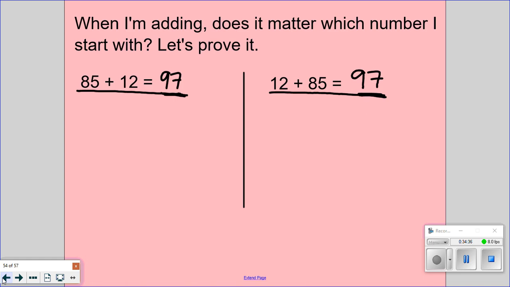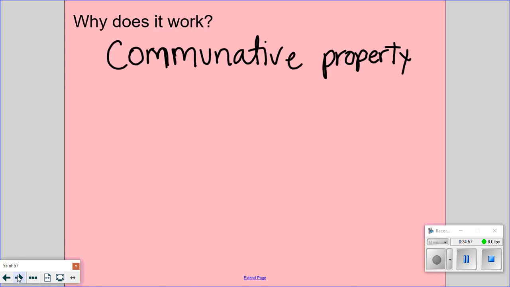When I rearrange my add-ins, when I am adding, I still get the same total. Notice I said when I'm adding. This will not work every single time for every operation. But it will work for addition.